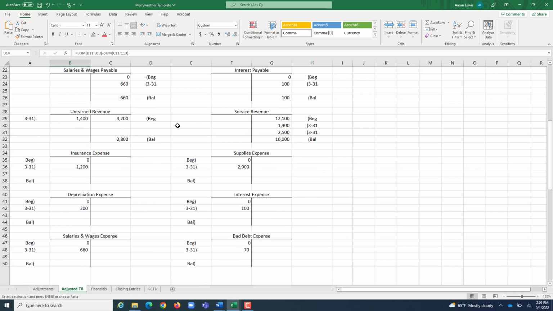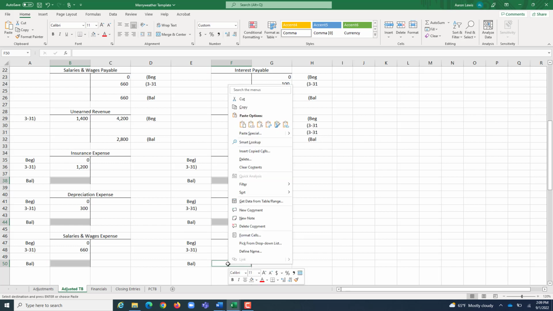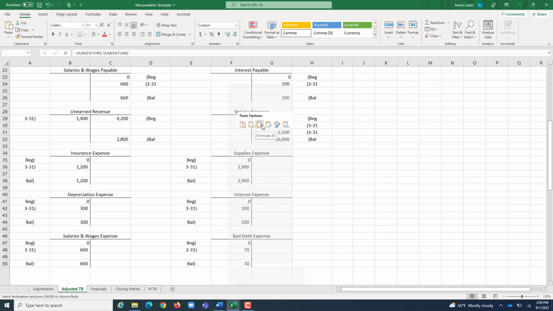If I go down here and I find every single cell that I want to copy that formula to, starting with this one, and I hold down Control while I'm clicking on all the different places, it's going to highlight all of them at once. And now, when I right click in any one of them and I hit the formula paste bar, it copies that formula over and we have the balance of all of our accounts.